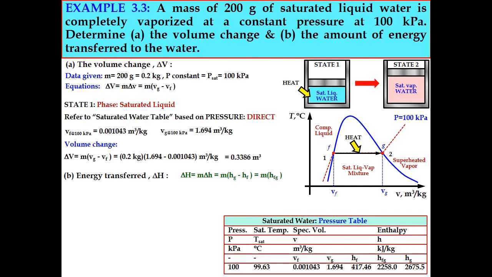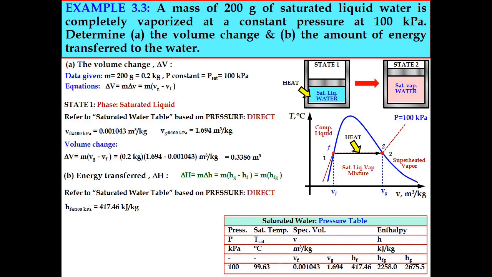Or we can use another formula, which is m multiplied by Hfg. The values of Hg, Hf and Hfg we can determine from the saturated water table based on pressure, because we already have the same pressure, so we can determine them directly.